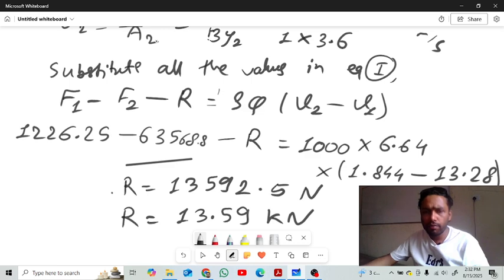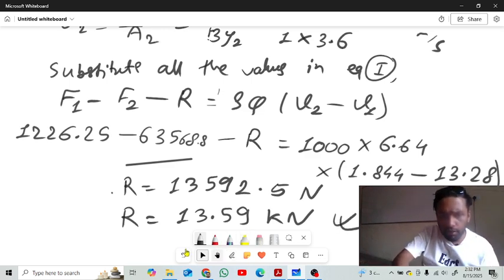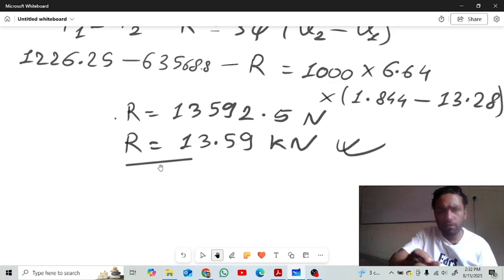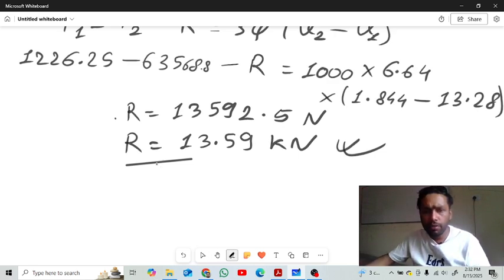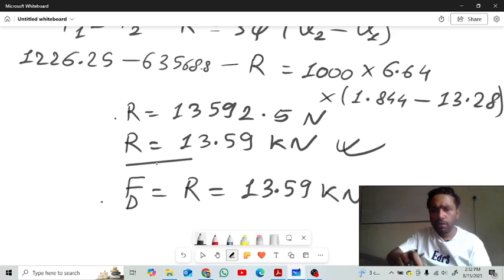So R is equal to 13.59 kilonewton. This much reaction is developed here, and you can say that the reaction is equal to the force exerted by the flowing water on the concrete block. You can say FD is equal to R is equal to 13.59 kilonewton. This is how you can solve the problem.